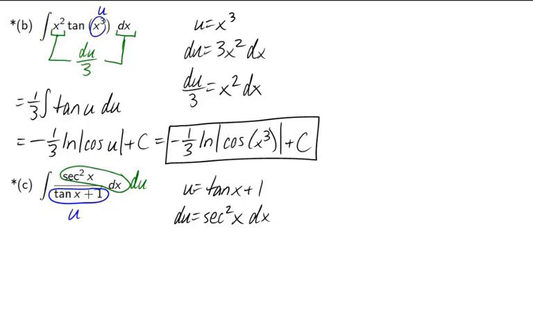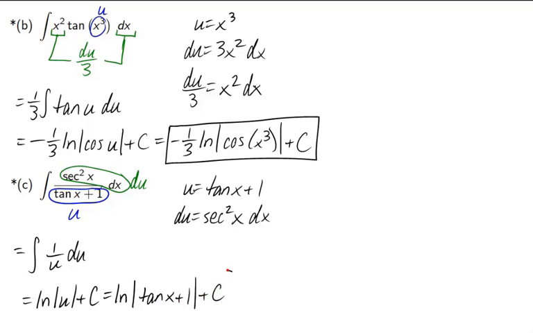No changes needing to be made. So I just get the integral of 1 over u du. That's the natural log of the absolute value of u plus c, which is the natural log of the absolute value of tangent x plus 1 plus c.